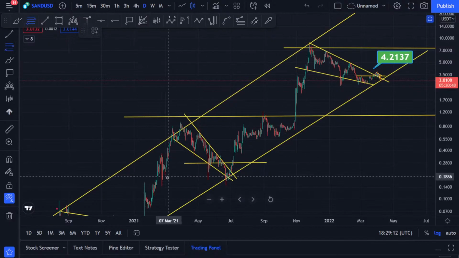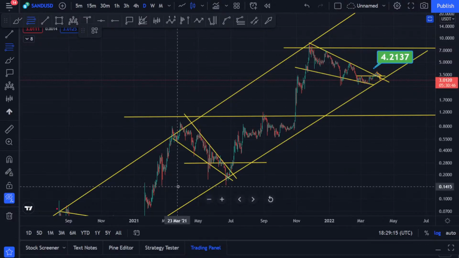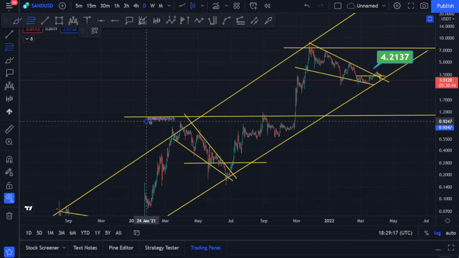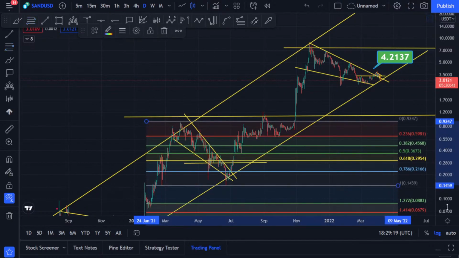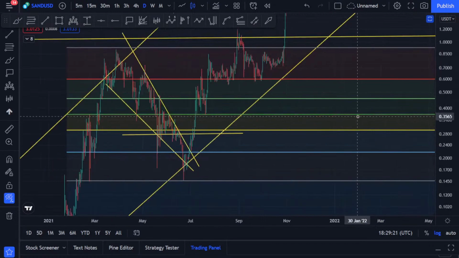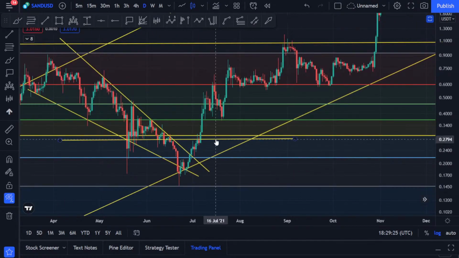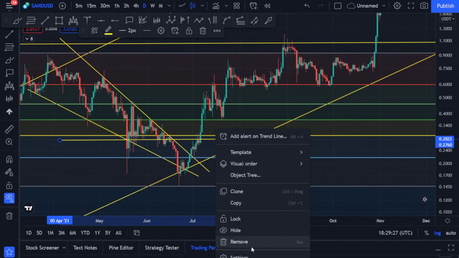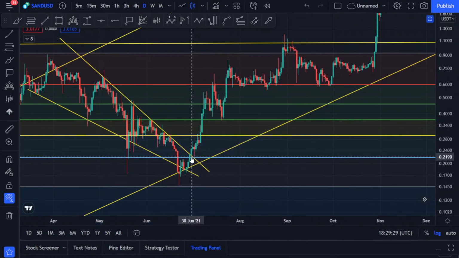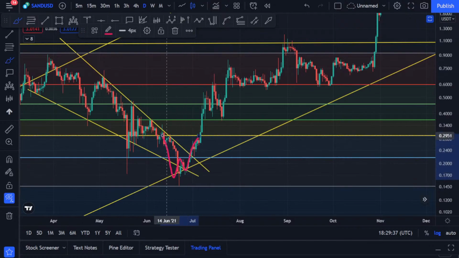Okay, if you judge this move now, right over here, you can see when Sand had this rally towards the upside, let's just take this off, okay? It went up, straight away it broke it. It made this beautiful double bottom formation, went up, broke it.